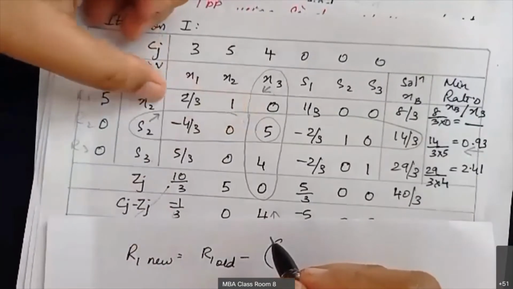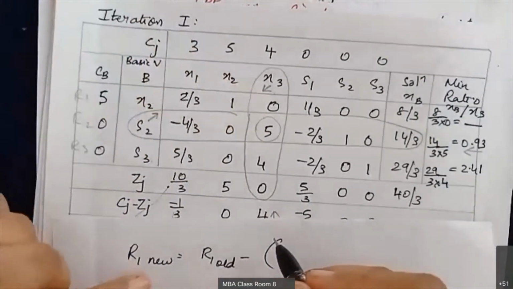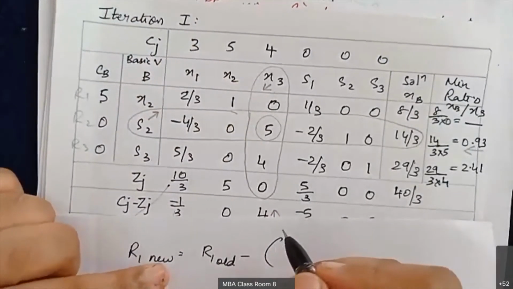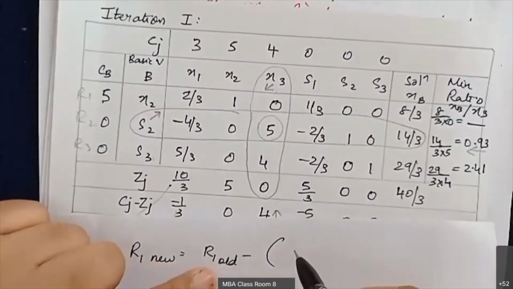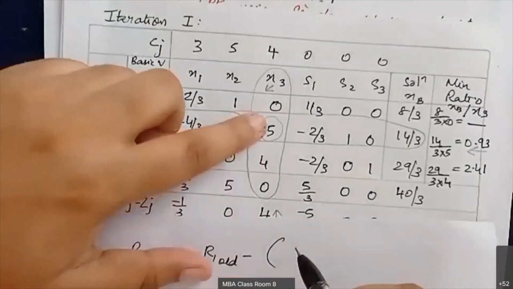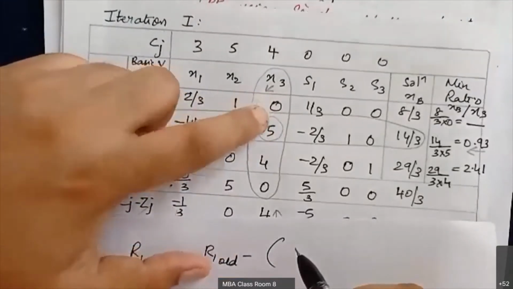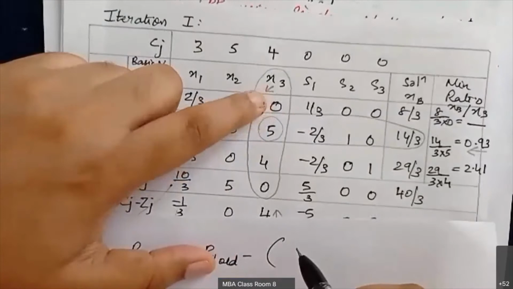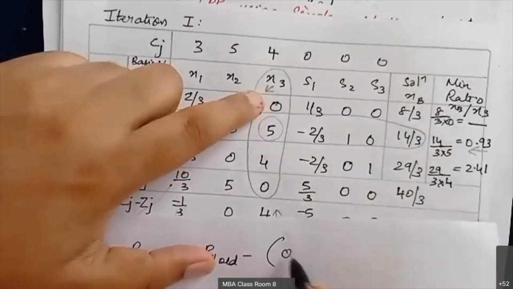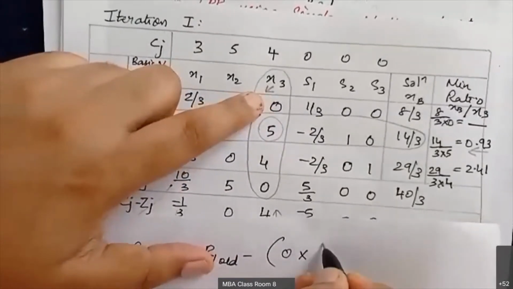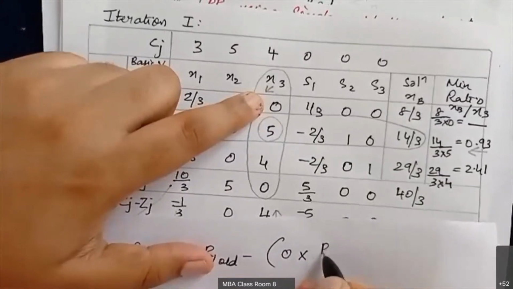Since we are considering the first row here, it should be the number above the key element, which is 0. 0 into the new key row. That is R1 new.